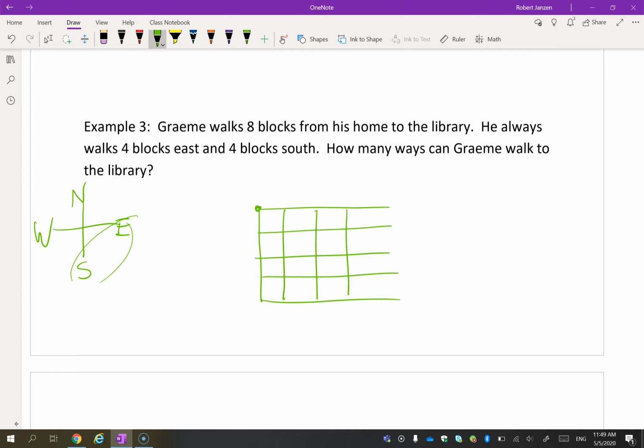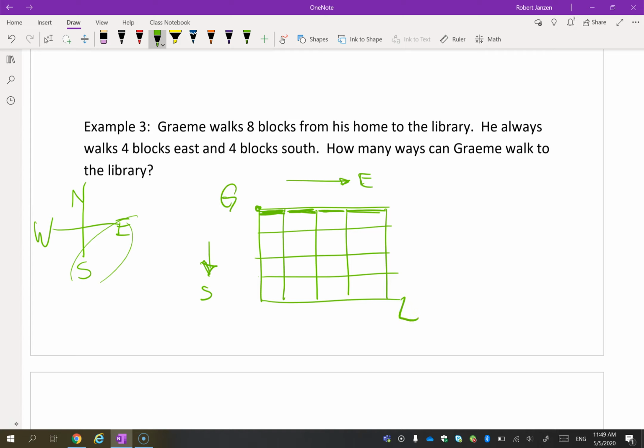So this is south. He has to go 4 blocks that way, and he has to go 4 blocks east. This being like a block. This is 1 block, 2, 3, 4. So here's the library, here's where Graham is.